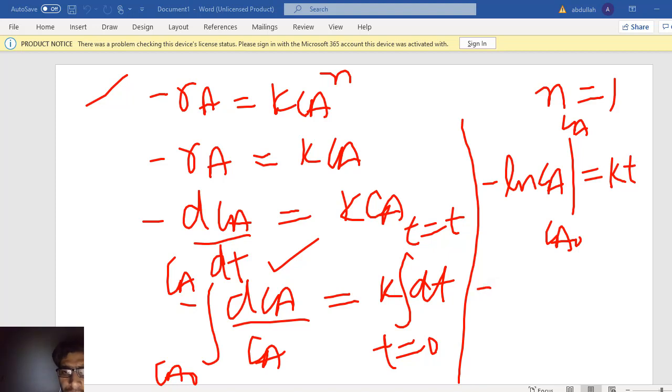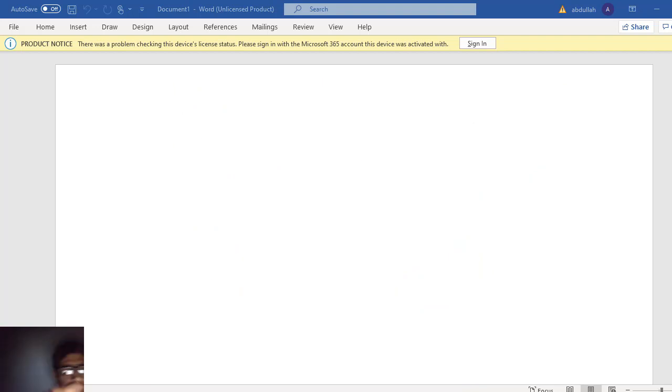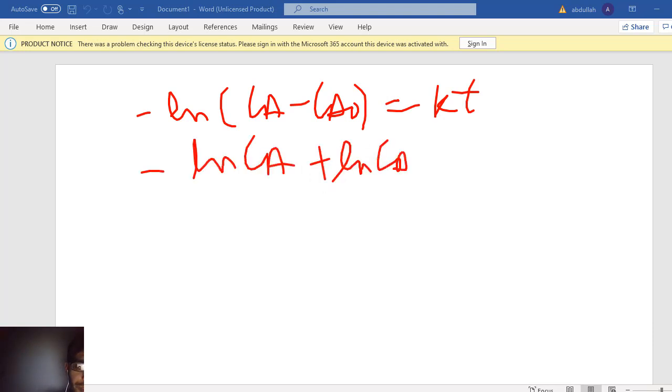Putting in the limits, it will be minus ln Ca minus ln Ca0, which will be equal to K t. It can also be written as minus ln Ca plus ln Ca0 is equal to K t.